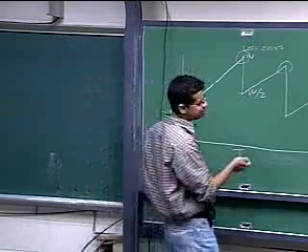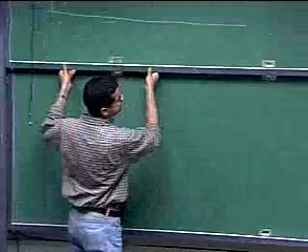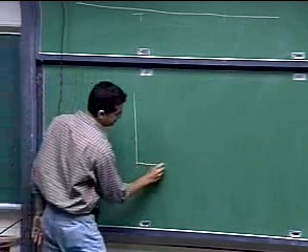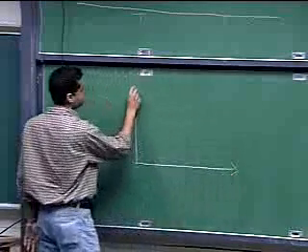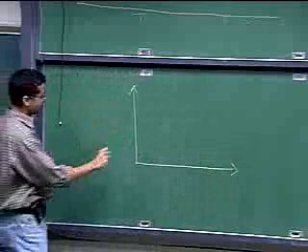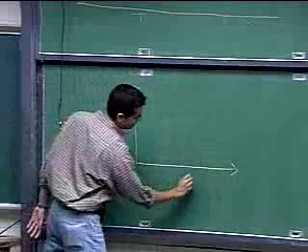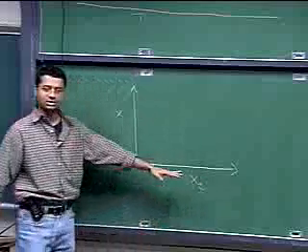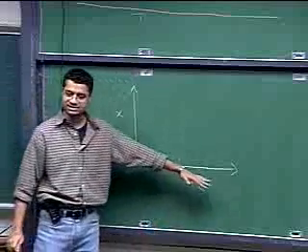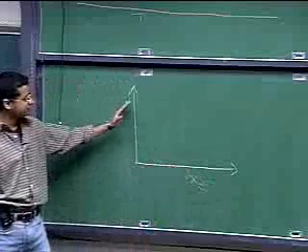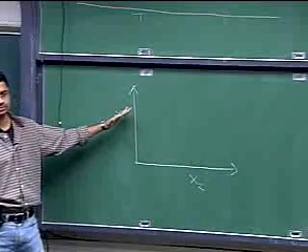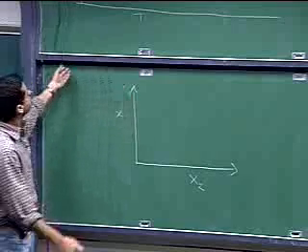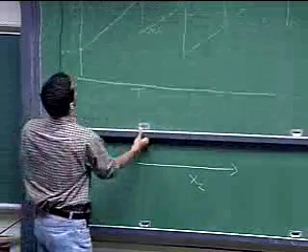Now let's look at a scenario where there are two senders. Let's say their rates are x1 and x2. We plot the rate of one sender on the x-axis and the rate of the other sender on the y-axis.